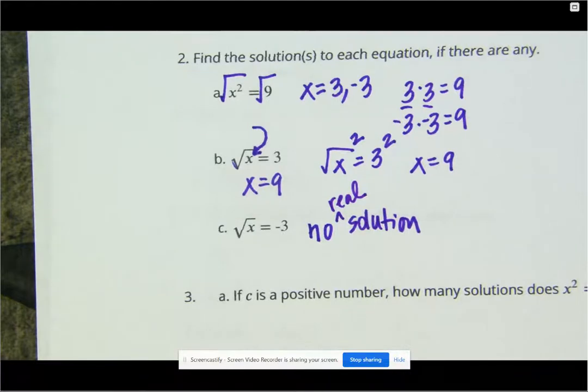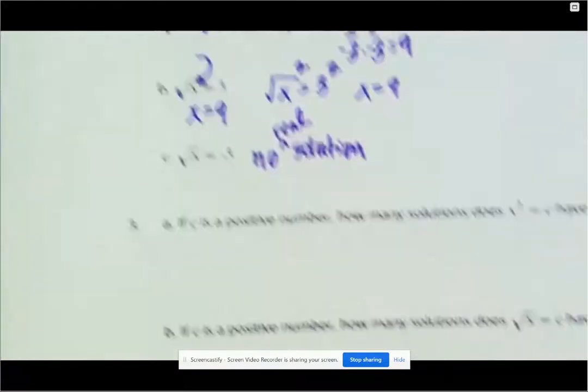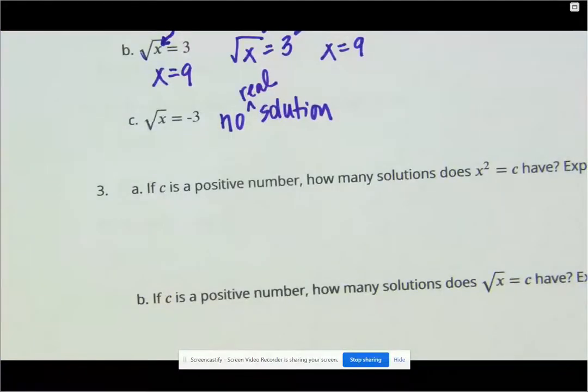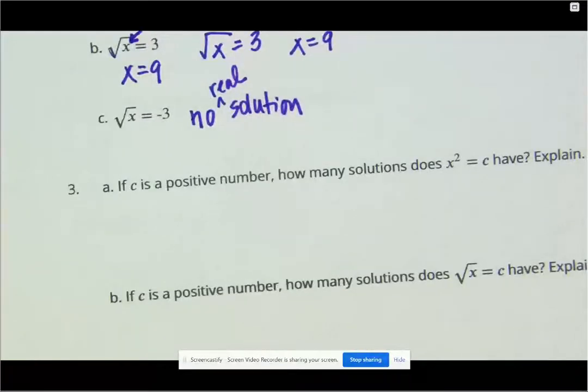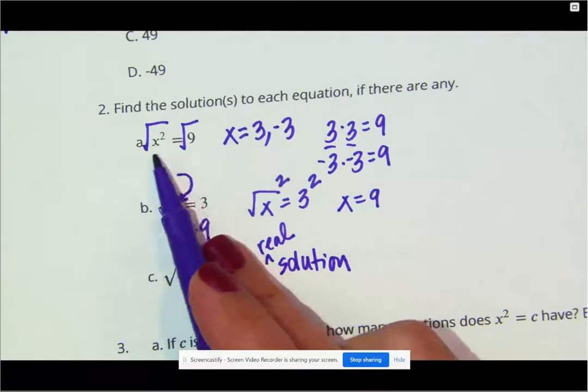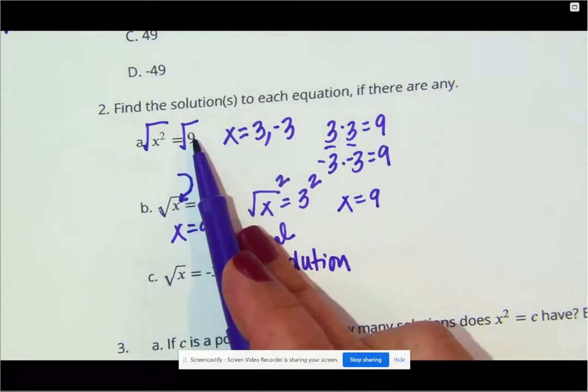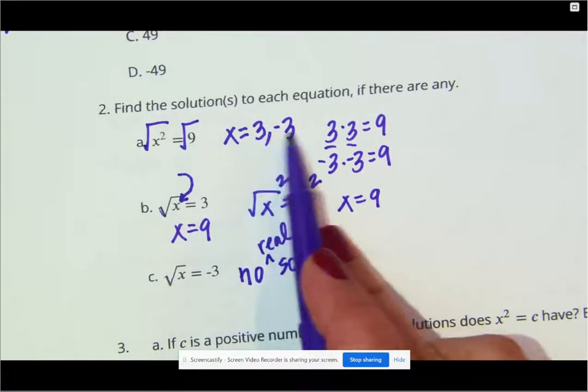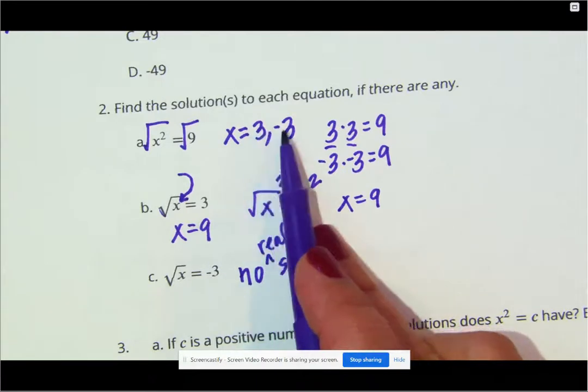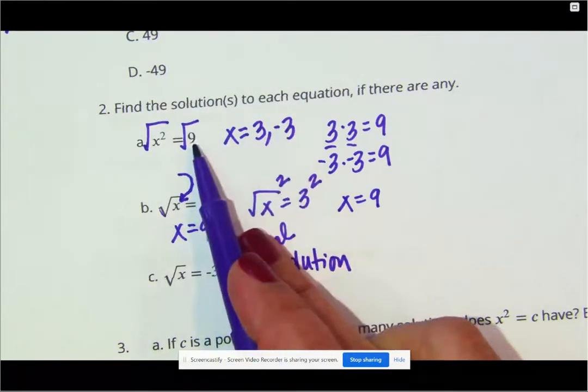Okay. Number 3, if C is a positive number, how many solutions does x squared equals C have? Explain. Well, we could look right up here at the problems we just did. X squared equals 9. How many solutions does it have? It has 2 solutions. It has the positive and the negative number that would multiply to that.